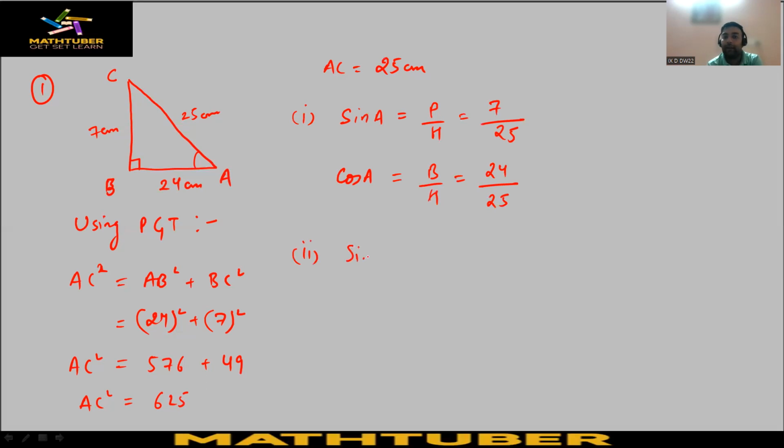Similarly, in the second part, we have to find out sine C and cos C. So according to the angle C, perpendicular upon hypotenuse becomes 24 upon 25, and cos C is base upon hypotenuse. So according to the angle C, base becomes 7 centimeter and hypotenuse is 25 centimeter.